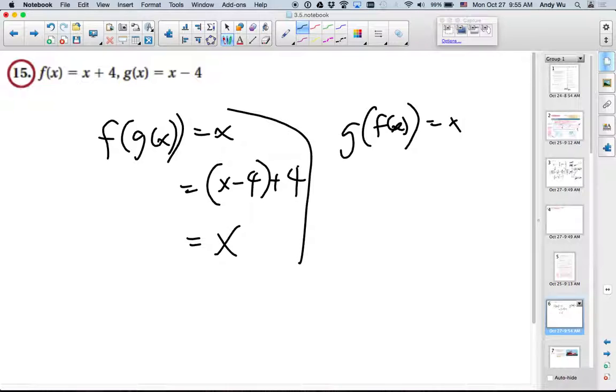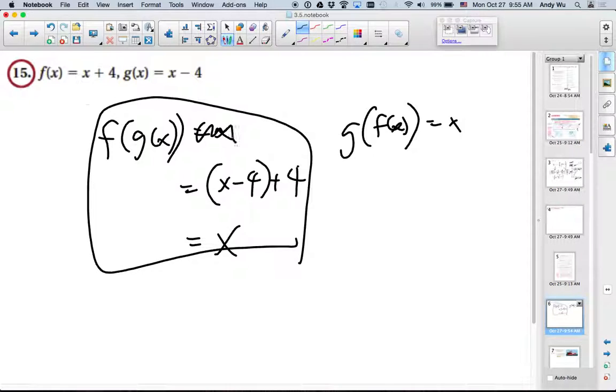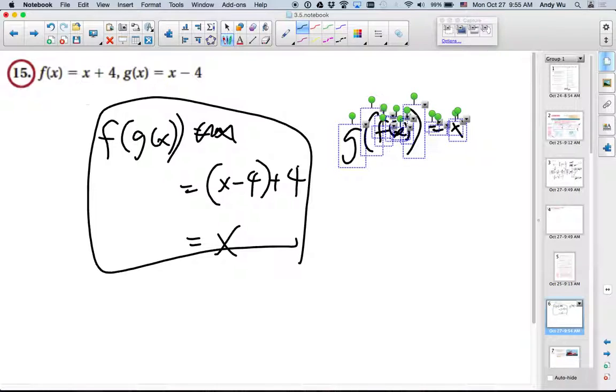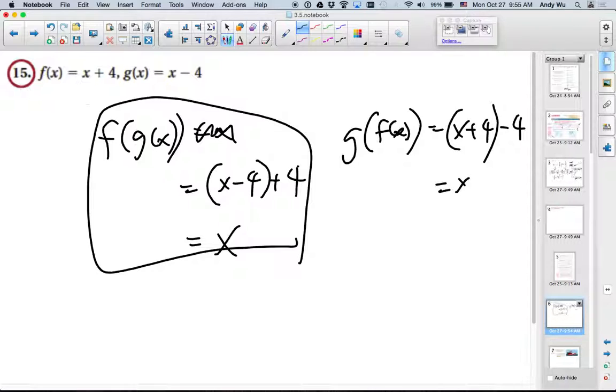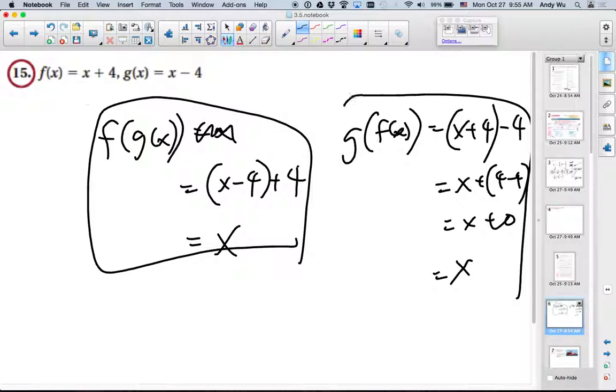This is how you would write that. So this one you will write g of x is supposed to be x minus 4, but instead of x I put in f of x, plus 4 minus 4, x plus 0, x. This is how you verify.